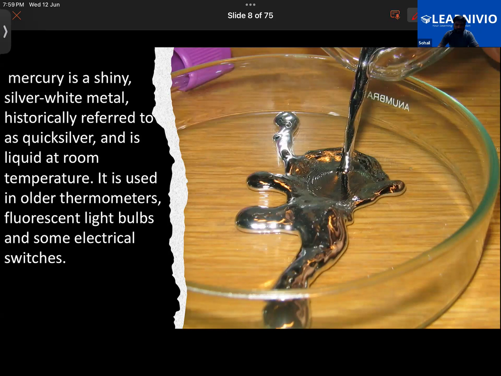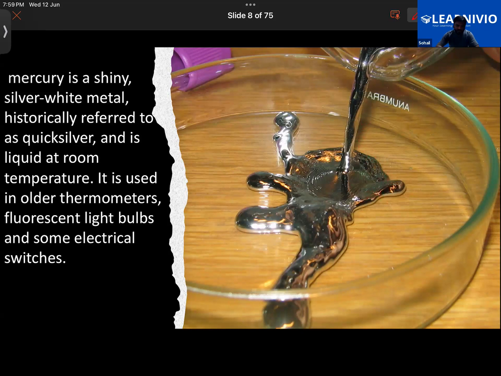Complete your question. Your question seems to be incomplete. There's a substance like this, the metal one in the image we can see. Is it the one that helps to break the mercury? No, this is mercury simply.